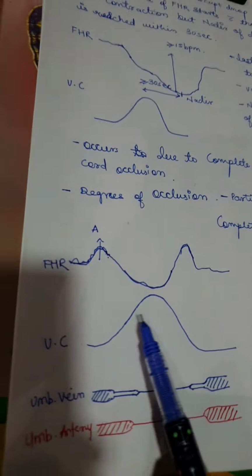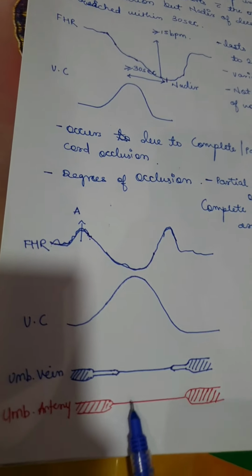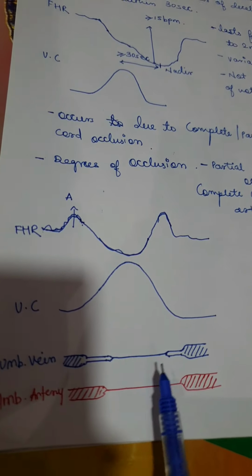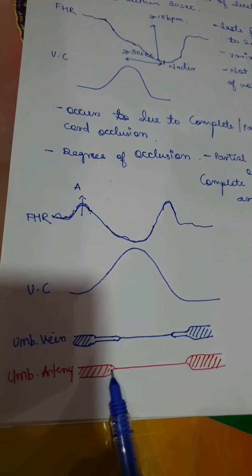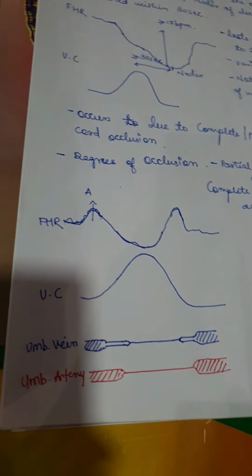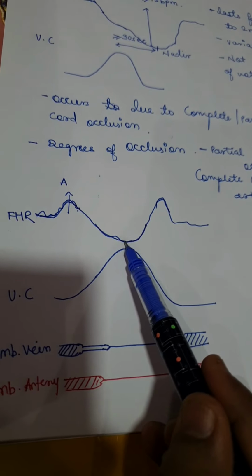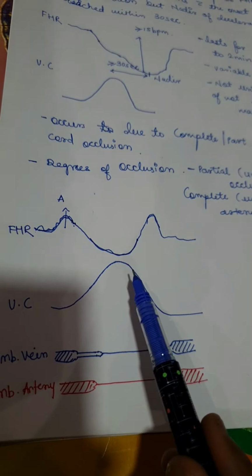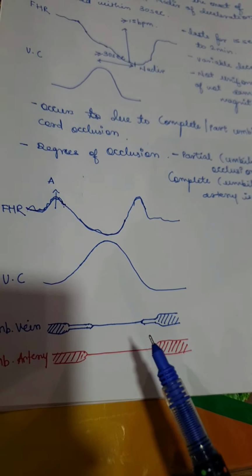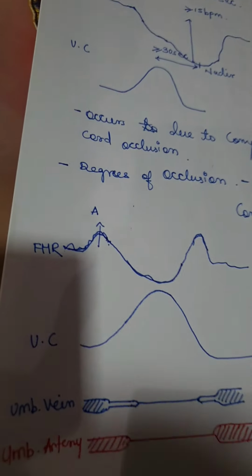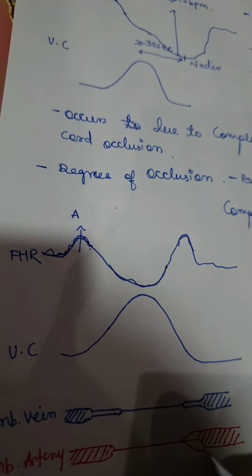Now as the intensity of the uterine contractions increases, there is a complete occlusion of the cord with the obstruction of the umbilical artery. Now the fetus is fully hypoxic, so we will see a sudden decline, that is the nadir of the deceleration. Now as the intensity slowly decreases, there is a release, over here.